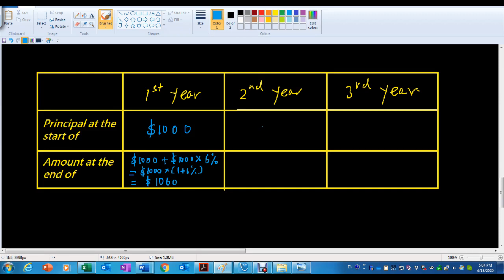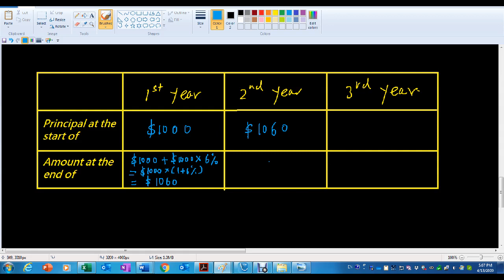the principal at the start of the second year would be the accumulated amount at the end of the first year. So that's why at the start of second year, the principal now becomes $1,060. That means the principal itself is growing, just like an exponential growth.